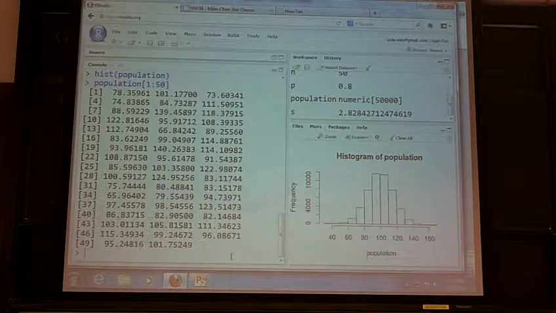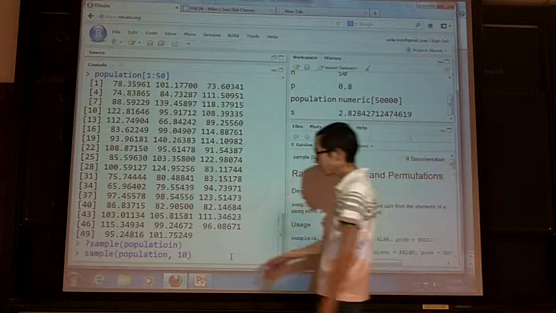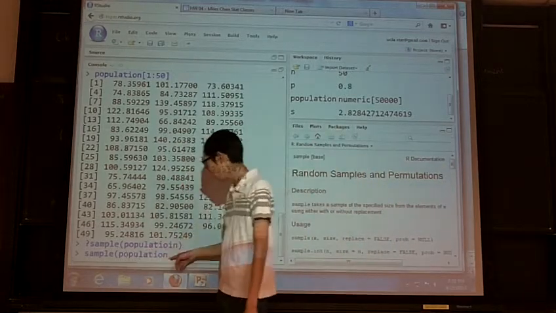Alright, so anyway, let's say I can take a sample from population. I forgot how to use sample. Okay, yeah. What sample does is it says take a sample from whatever you put here.